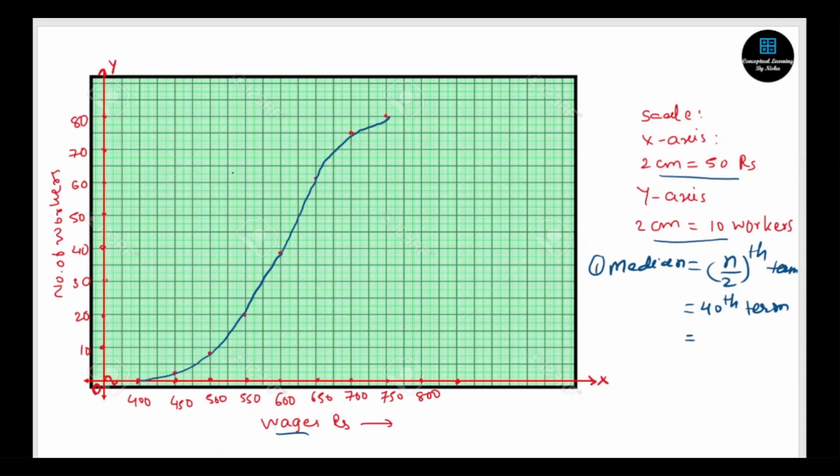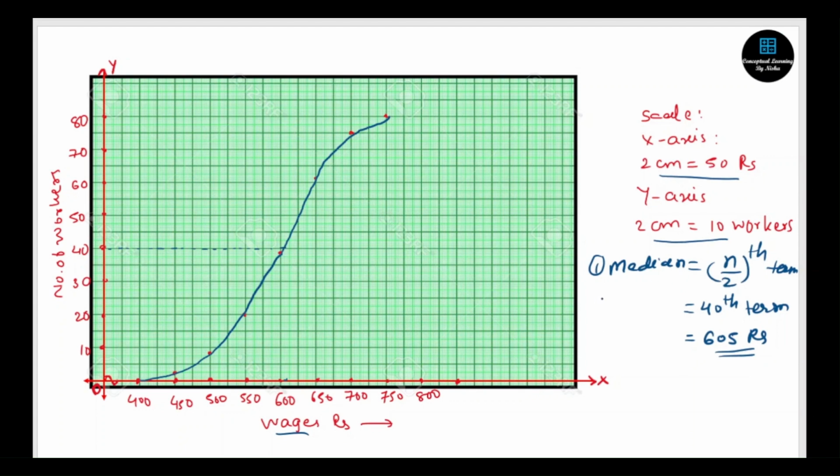The 40th term is clearly over here. You have to use the graph to take these values. This is going to be a little bit higher than 600, so I can say that it is 605, very close to this. So this is 605 rupees, because it is nothing but wages.